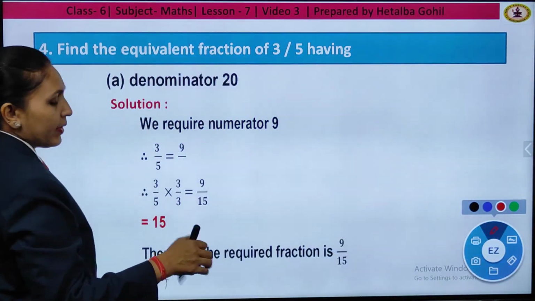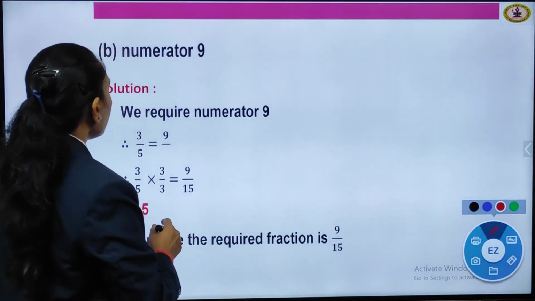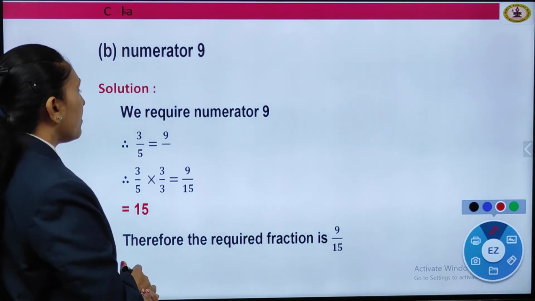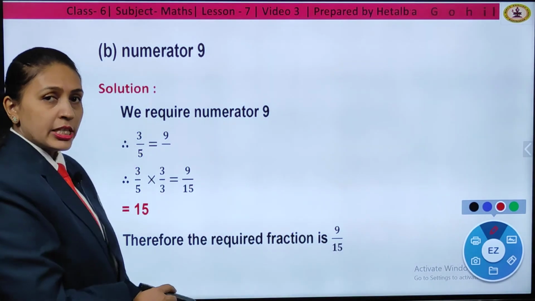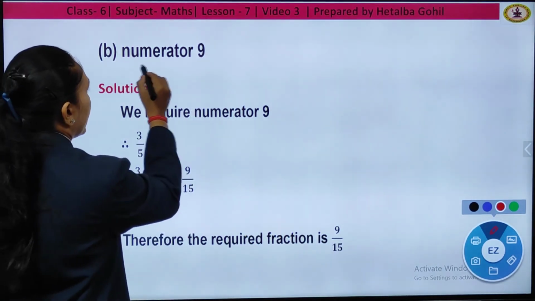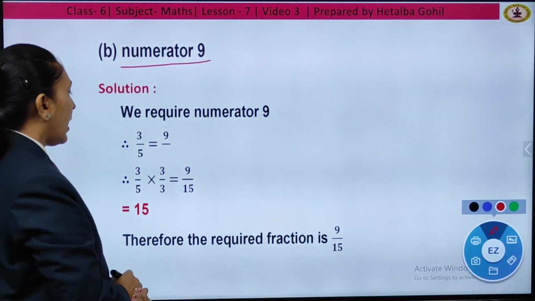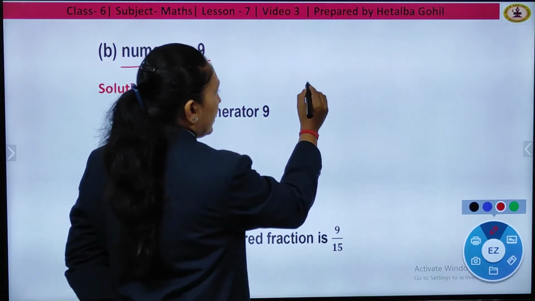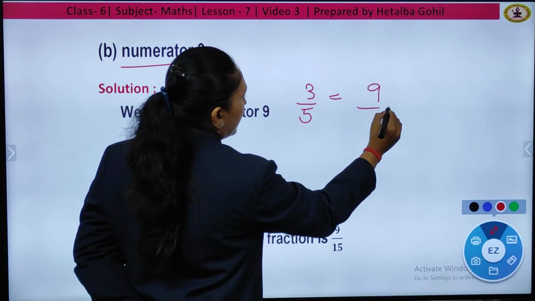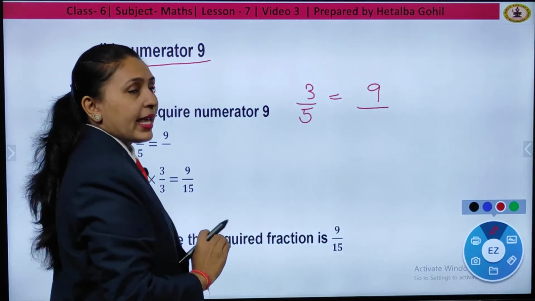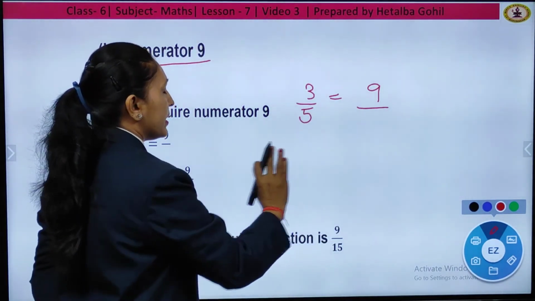Let us go with the next one. Children, here we have to take the base as 3 by 5 and we have to convert to another equivalent fraction such that we get the numerator as 9. Okay, so let us go for that. 3 by 5, we have to find another equivalent fraction where the numerator is given to us as 9.